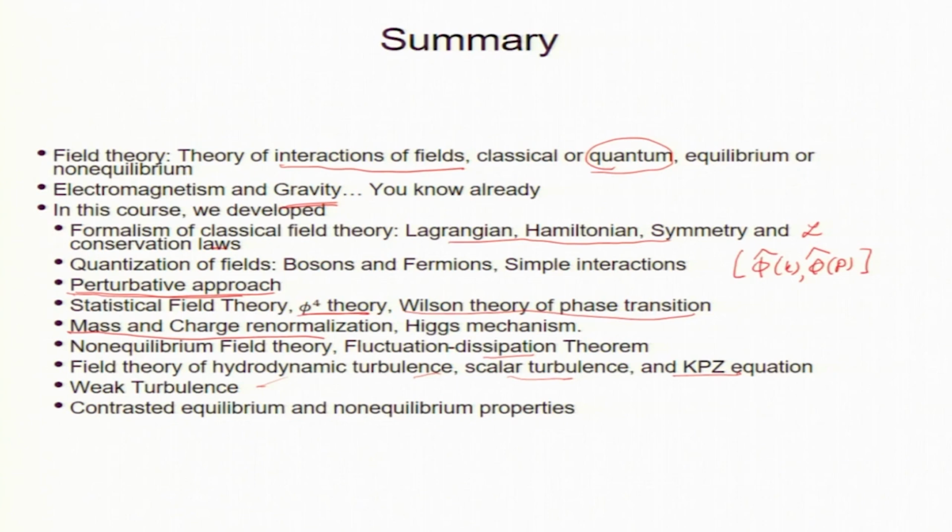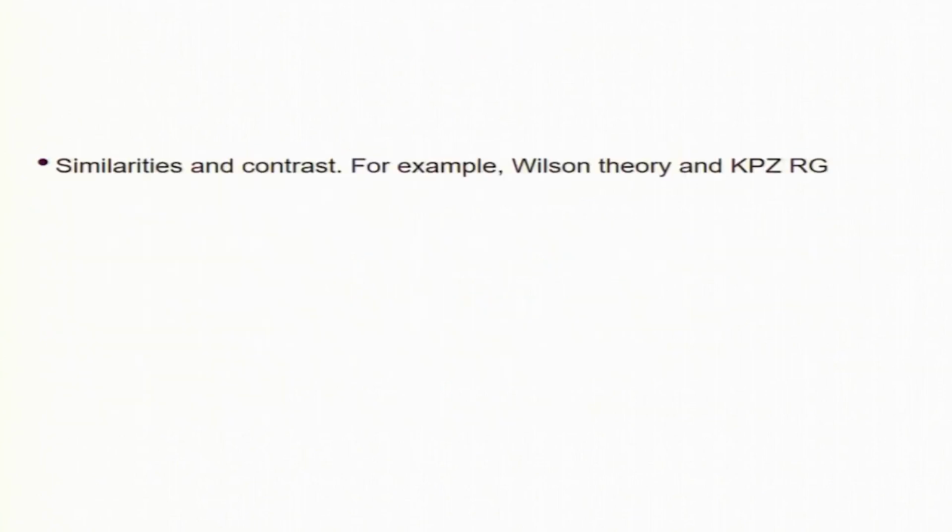Equilibrium has no energy flux, energy flux is 0 in equilibrium, but in non-equilibrium we typically have energy flux. It need not be constant, but we will have energy transfer across scales, and that leads to breaking of detailed balance. That is what I did mention in the class, in quite a bit of detail.